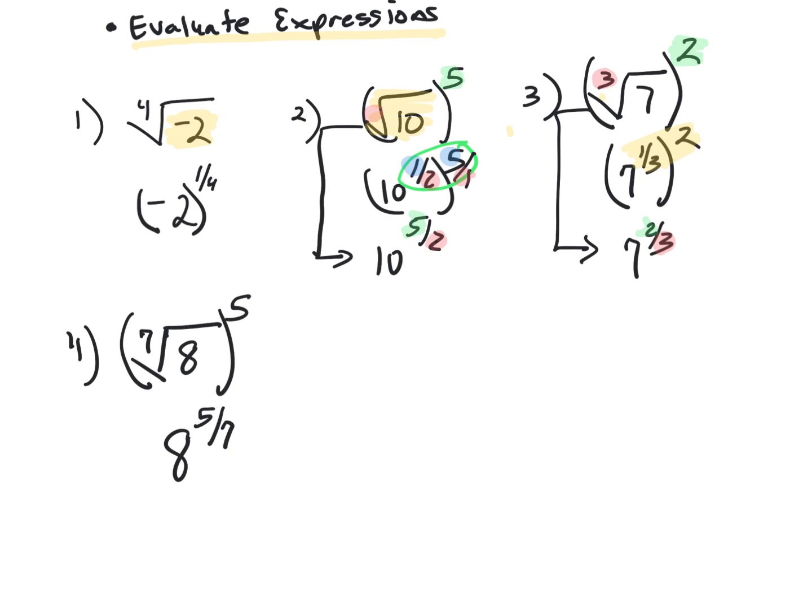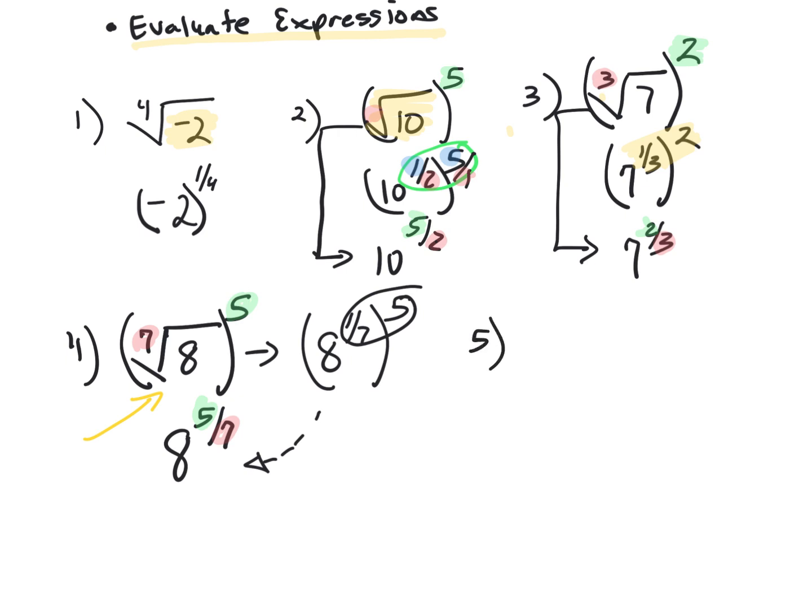And if you're stuck on that, we can do the work. Notice where everything's coming from. If you're saying, well, how did you get that again? Well, I could rewrite what's inside. Isn't that 8 to the 1/7 power raised to the 5th power? And then when you multiply power to a power, isn't that what you get?